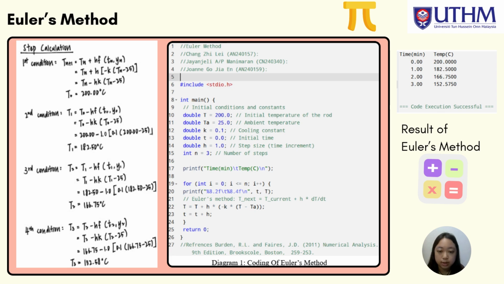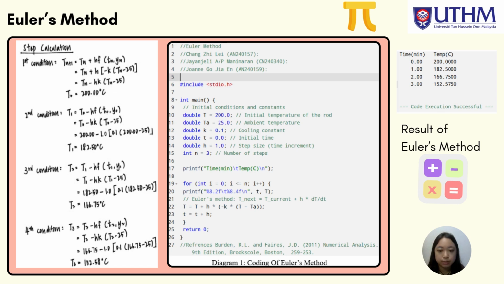And then for the second one, we can see that using the application for dynamic coding, we just key in all the information, like I have just said: the T naught we use 20 to 200, and then T we use 25, K we use and H we use.